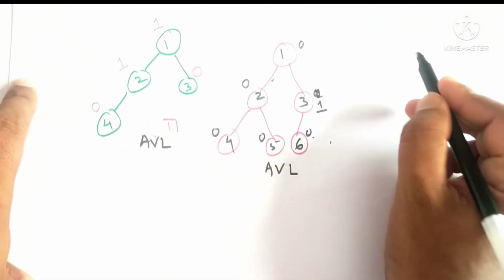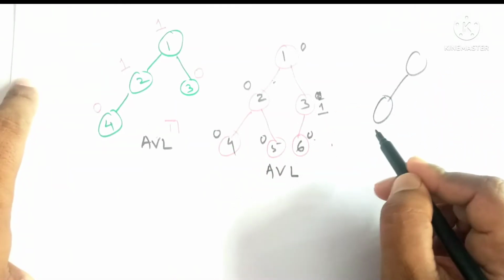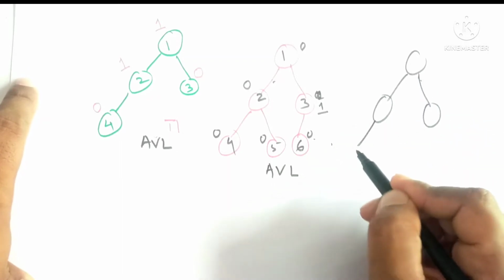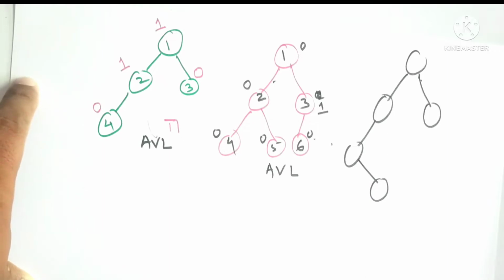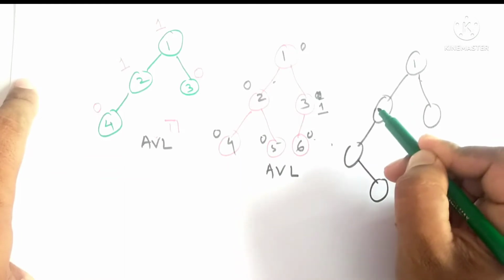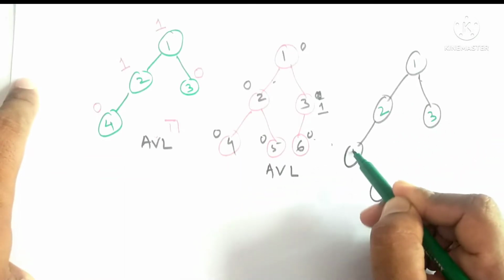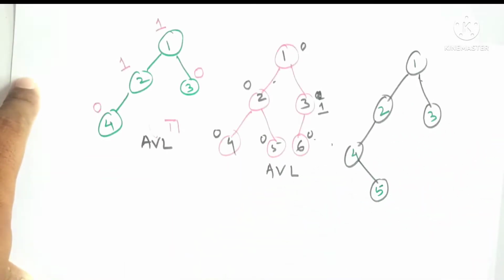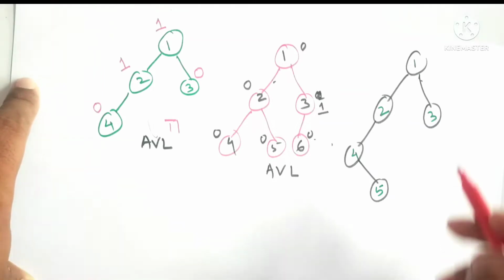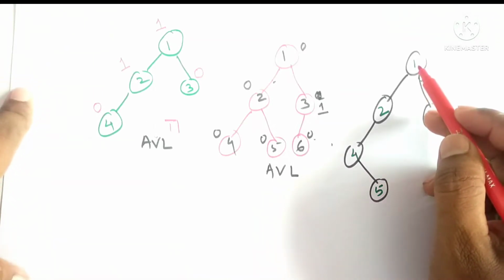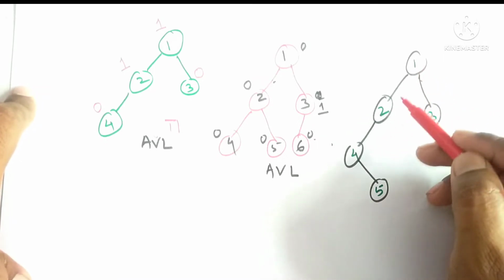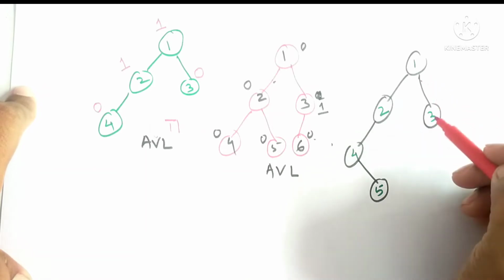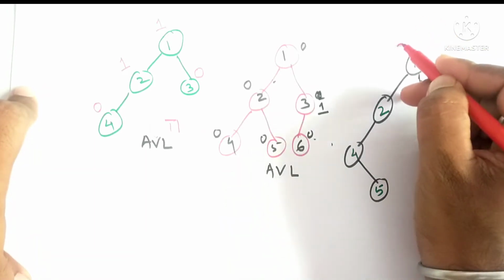If I draw one more tree, just think about a tree which looks this way. Is it an AVL tree? Suppose this is node number 1, this is node 2, node 3, node 4, and node 5. The balance factor of node number 1: the height of the left subtree is 3 and the right subtree is 1, so 3 minus 1 is 2.